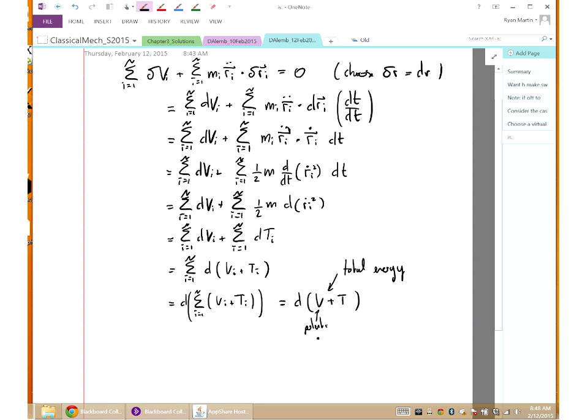Well, V plus T is the total energy, because V is potential energy and T is kinetic energy.